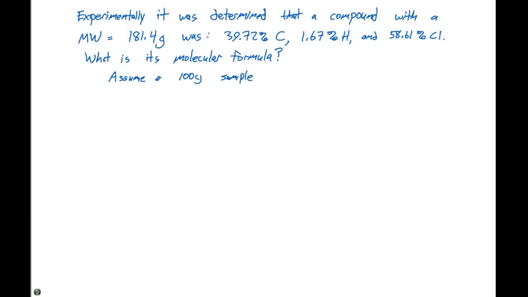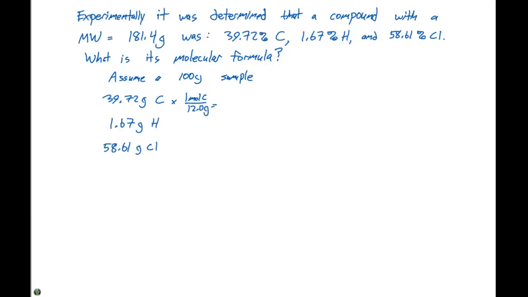If this is the case, that's going to give us 39.72 grams of carbon, 1.67 grams of hydrogen, and 58.61 grams of chlorine. Now we need to convert each of these over to moles. For every 1 mole of carbon, there's 12.0 grams.